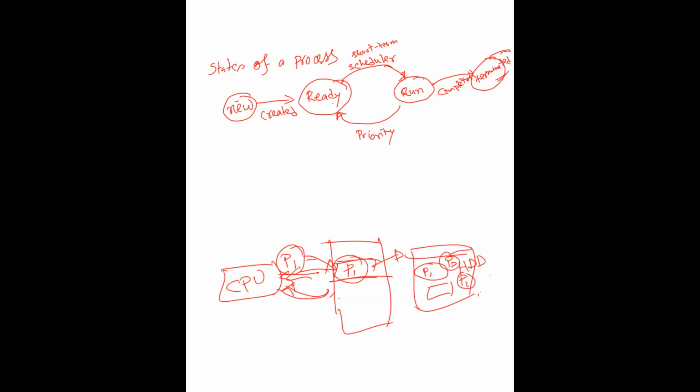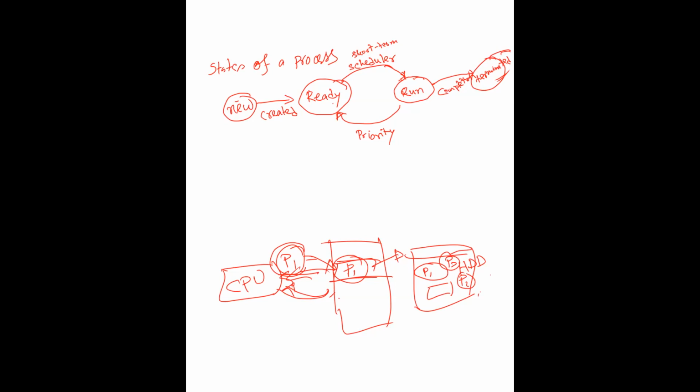And then there are several other steps also available. From the running state, your process may ask for something. Let's say P1 is currently running and it asks for some data from the keyboard or mouse, or it may print some data to your printer. So it is now in the IO state, where it reads data from IO devices, or from the HDD.